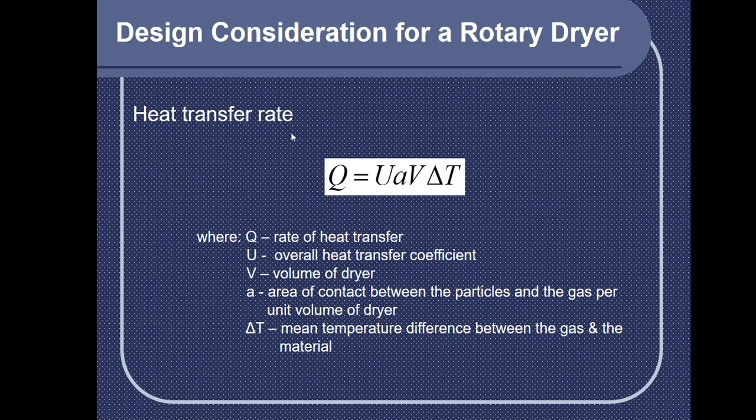So in terms of the heat transfer in the rotary type dryer, Coulson gives us this particular formula, still patterned after the UAΔT convective type of heat transfer. The parameters or variables that appear here are defined below.